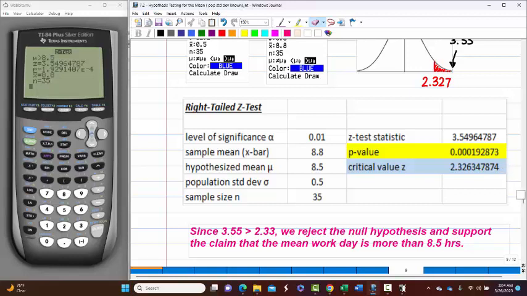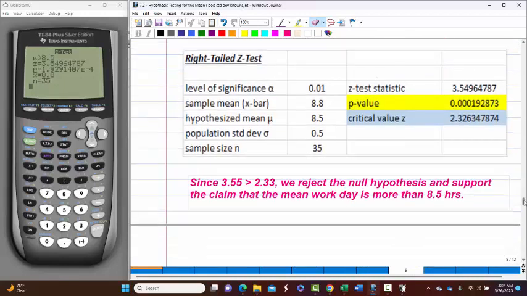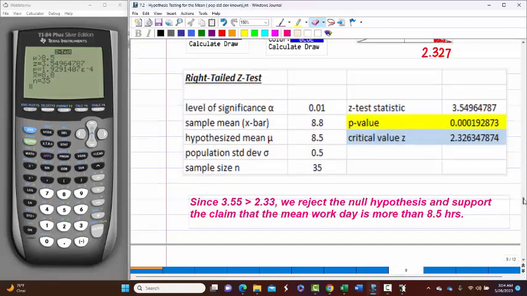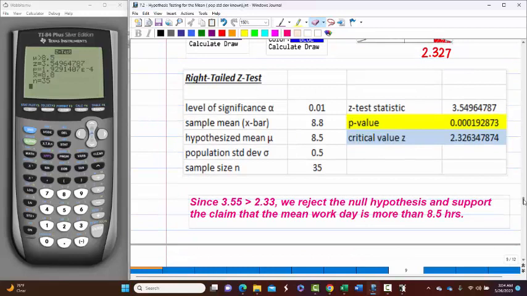So since 3.55 is greater than 2.33, we reject the null hypothesis and we support the claim, because the claim is the Ha, that the mean workday is more than 8.5 hours. One thing I'll mention is that if you look at the p-value, it is pretty small, 0.0019, and that would be less than alpha.